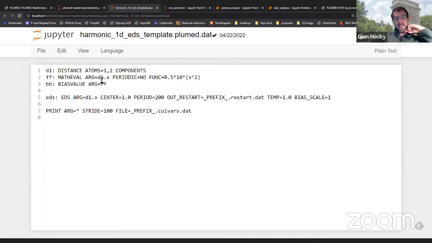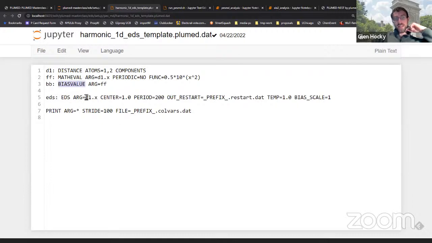And the way that PESMD works is it uses a distance between 2 fake atoms, 1 and 2, and you can break it into components so that you have d1.x, .y, and would have .z in other systems in Plumed. But we can bias this x coordinate d1.x using this math eval function. This ff is a function, which then by this bias value adds the potential to the system.